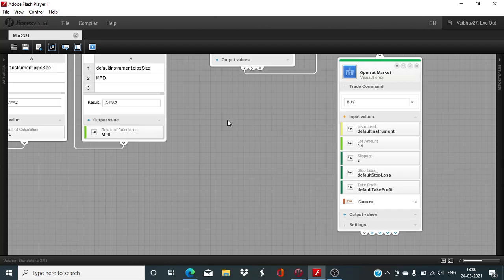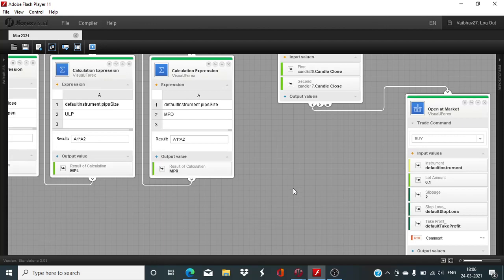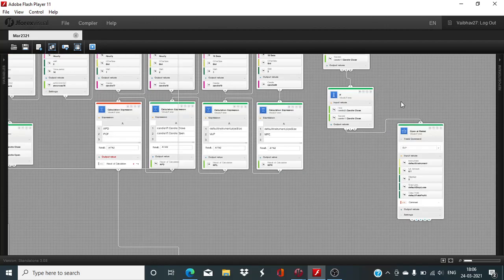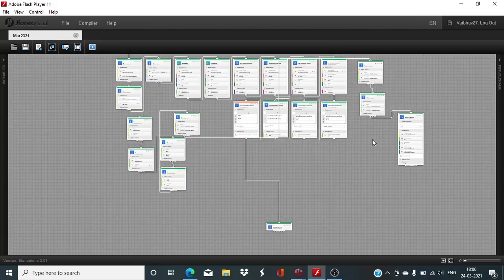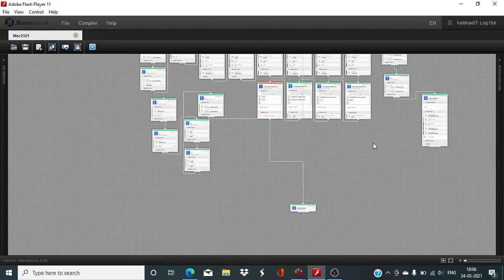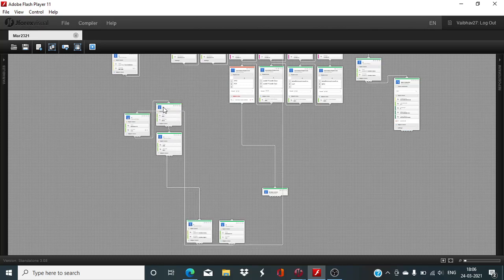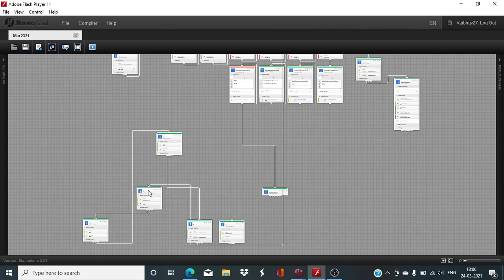Stop loss. For stop loss, we have carried out the calculation. That will be our stop loss. So for that, a new variable will need to be created. Before that, I will arrange these blocks and then we will create a new variable for stop loss.